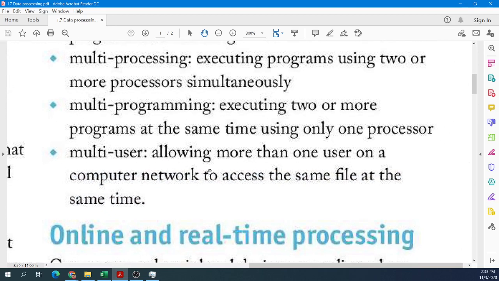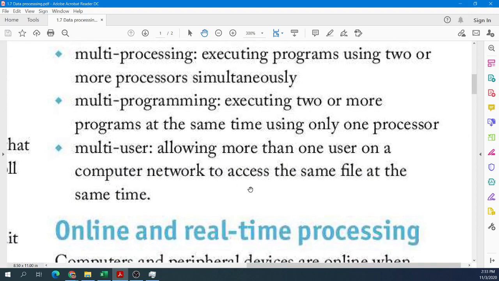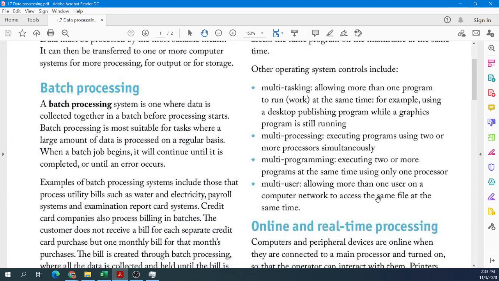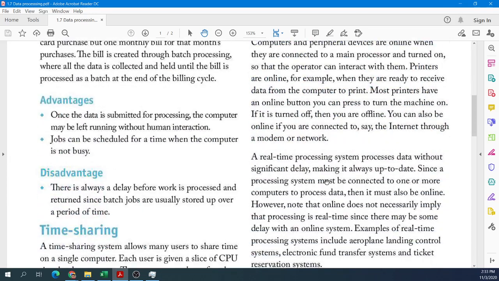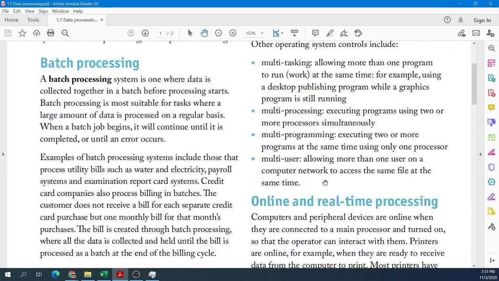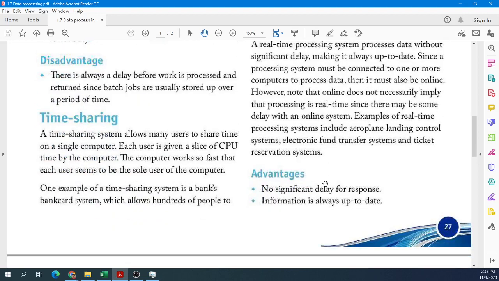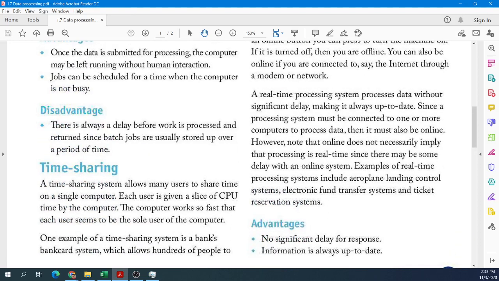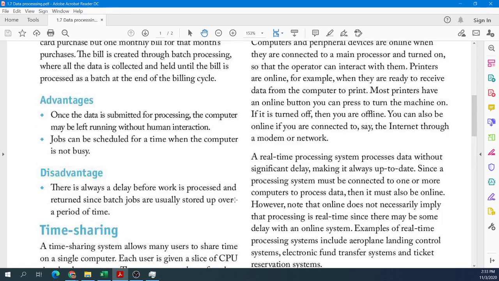More than one person, more than one user being on this network and they're able to access the same file. So all of that falls under time sharing. Being able to do multiple things at the same time with the same device.